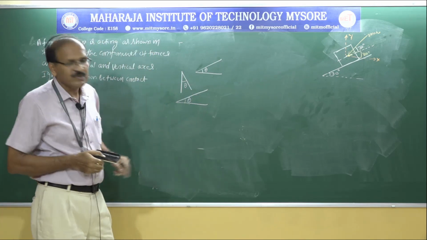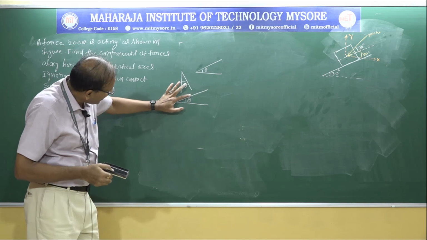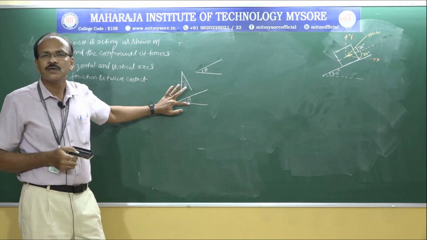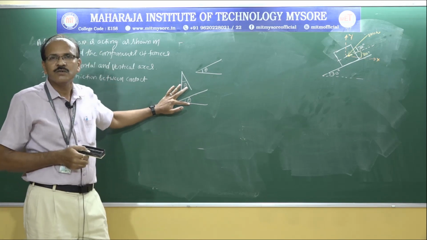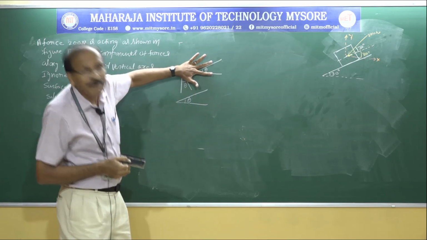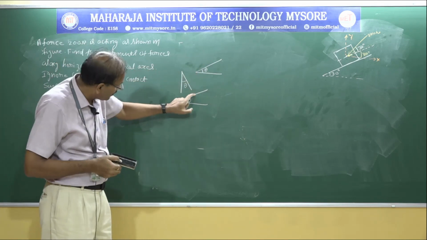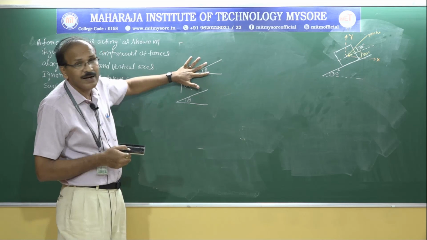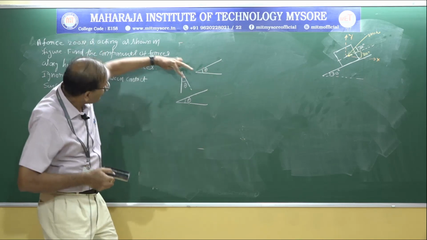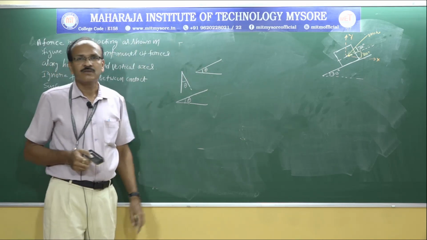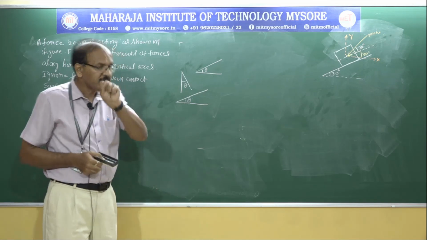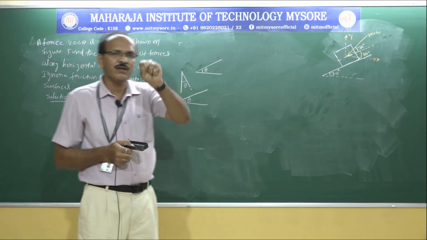What it means is the angle between any two sides is equal to the angle between their parallels, and their perpendiculars. If you keep this concept, it is going to help you in solving the problem.